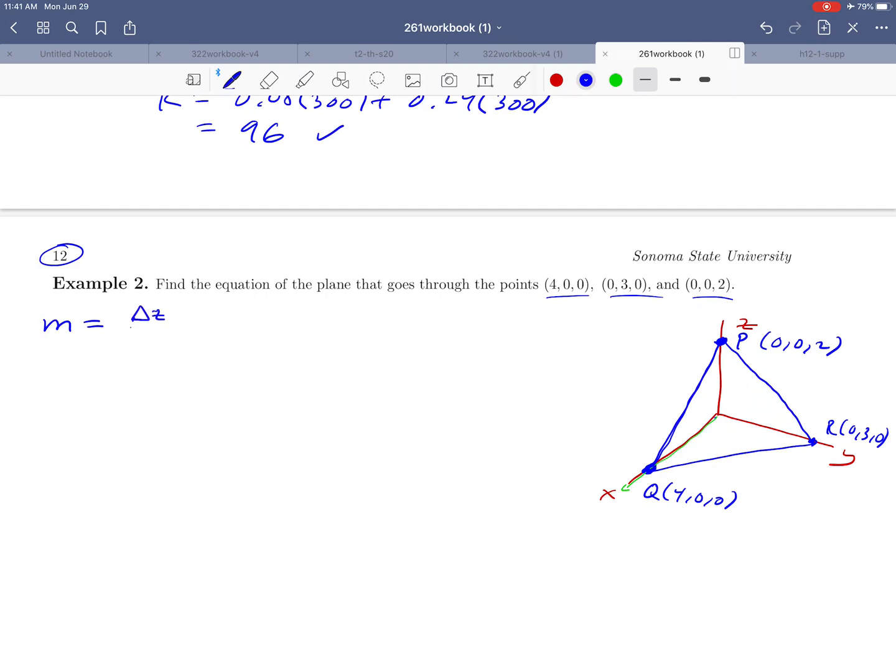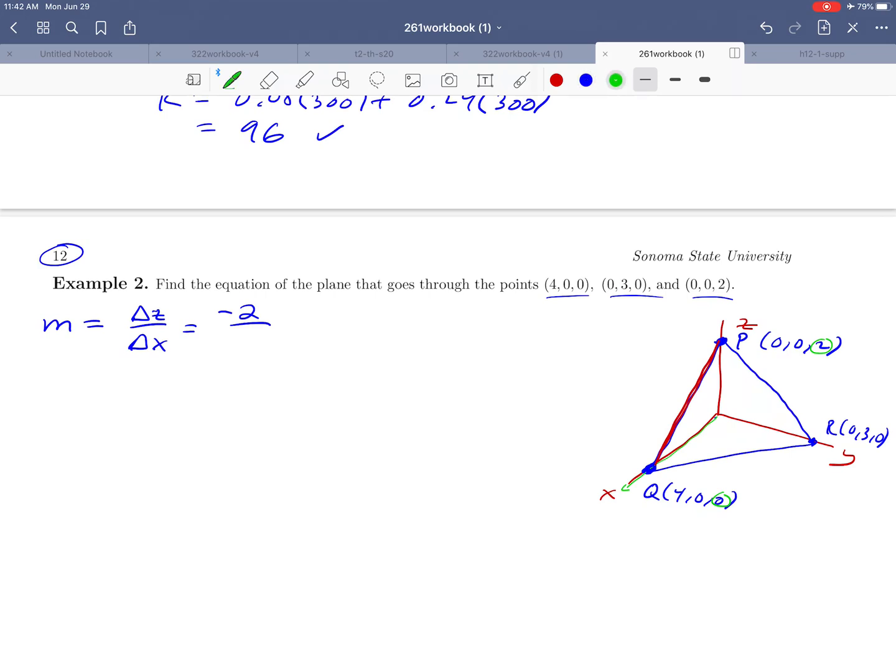So that slope is going to be the change in z over the change in x. Again, focus on that part of our graph and ask yourself, how much is z changing? Well, we're going from 2 down to 0, so our z value has decreased by 2. That's going to be a change of -2. And then how much does x change?